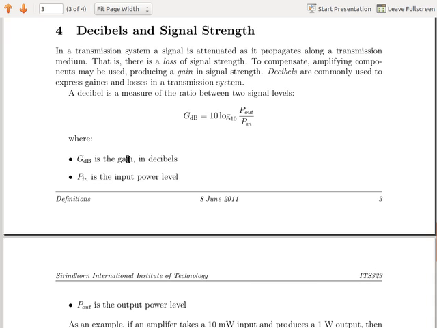An amplifier will increase it. The gain of that system, expressed in decibels, is the ratio of the output to the input, log in base 10, and multiplied by 10.